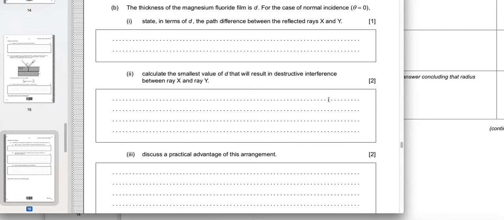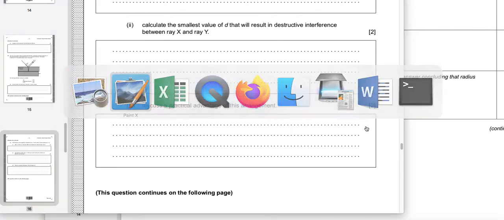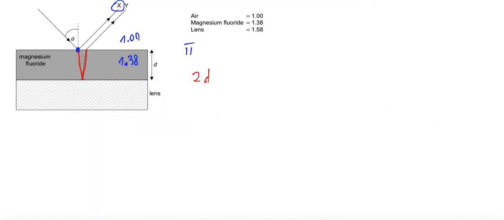Next is to calculate the smallest value of d that will result in destructive interference between x and y. Okay, so let's look. In this part you have to express this path difference, which is influenced by three things: by the change in phase, by the real path difference, and by the reduction of wavelength in the film.